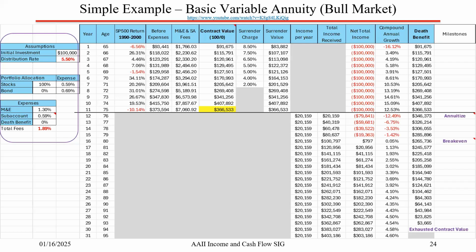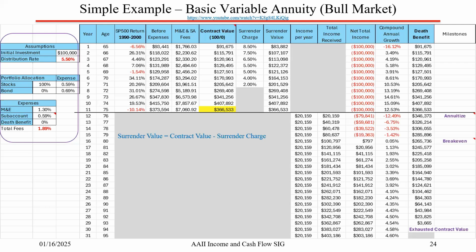And here's how these columns are calculated. The first column is year, age, the Standard & Poor's performance from 1990 to 2000, that's a bull market. And before expense, after the fee itself, the contract value basically, and then the surrender charge, the surrender value, income per year, and so on.